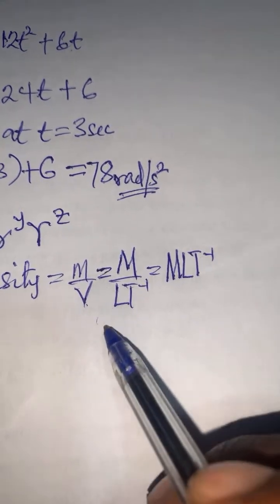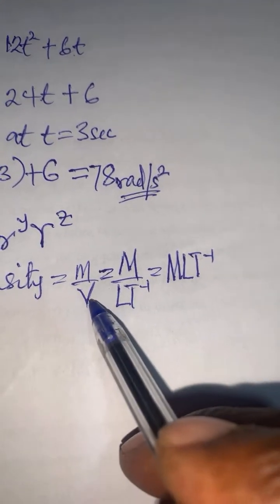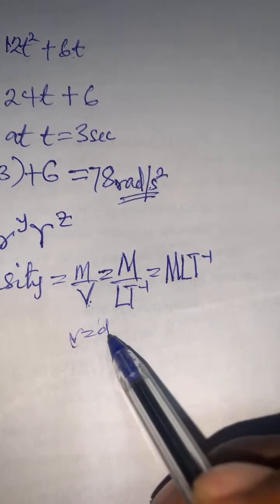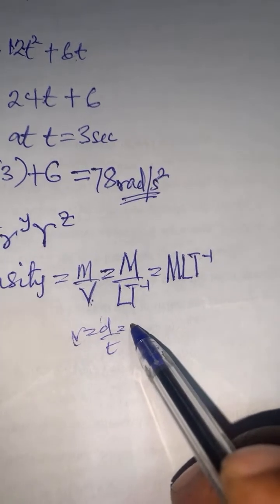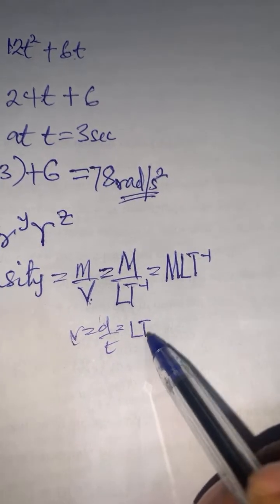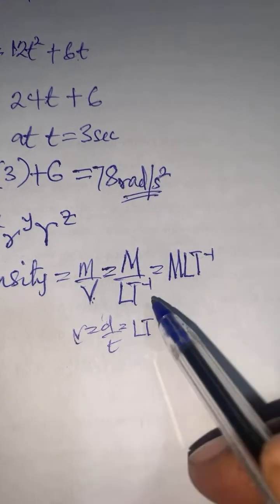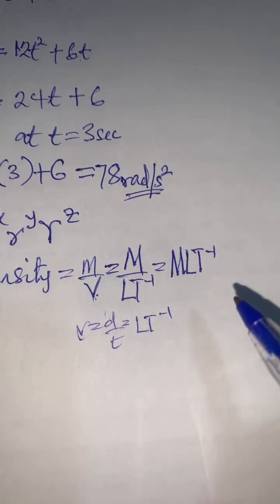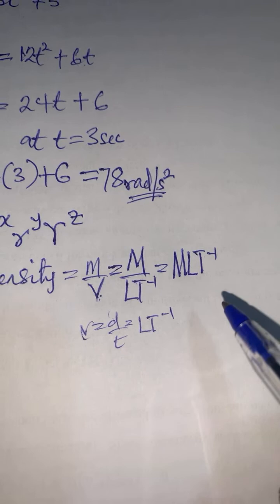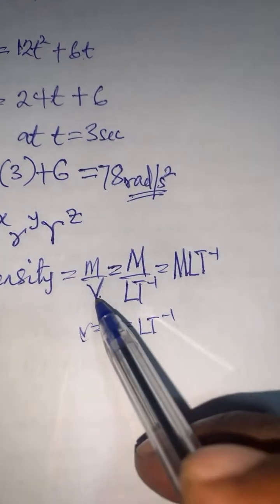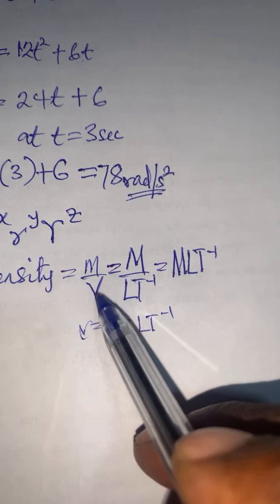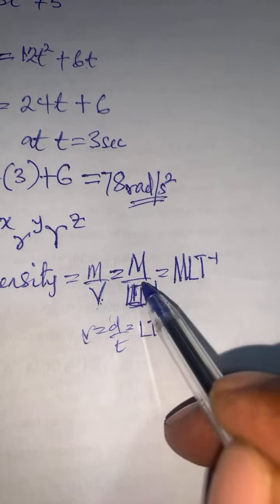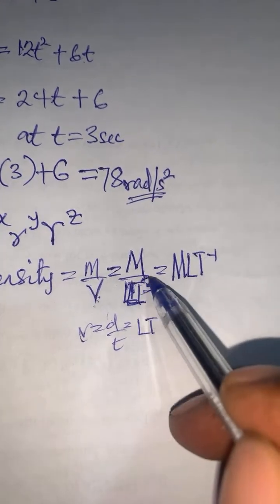Velocity is distance over time, which is LT minus 1. Are we there? Is it correct? Oh, sorry, volume. We are talking about volume, not velocity. Mass over volume. And volume is L to the power of 3.